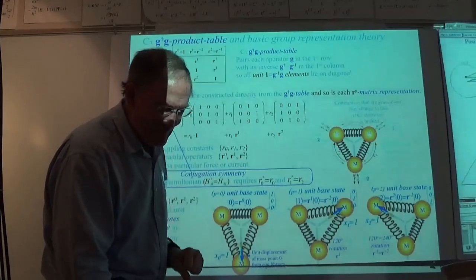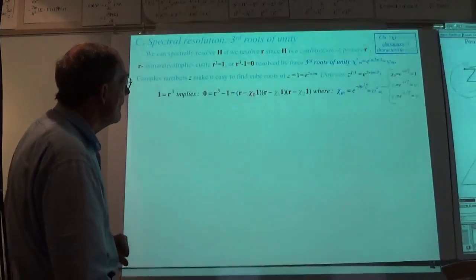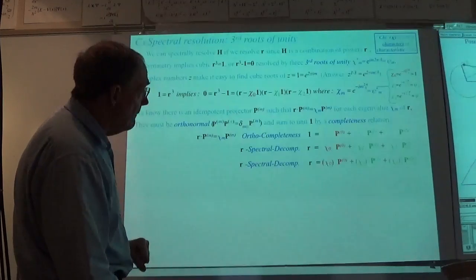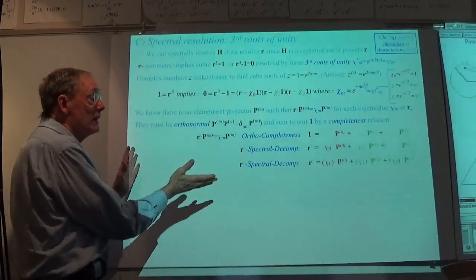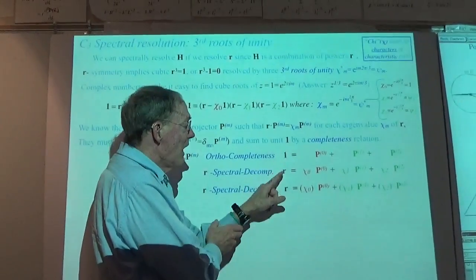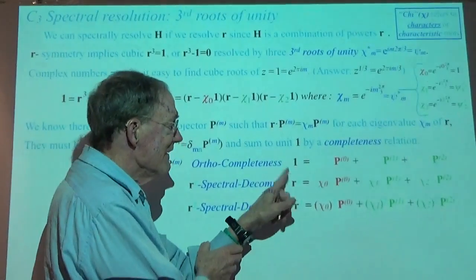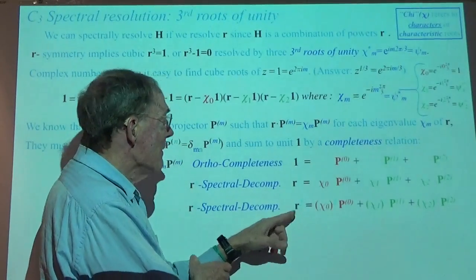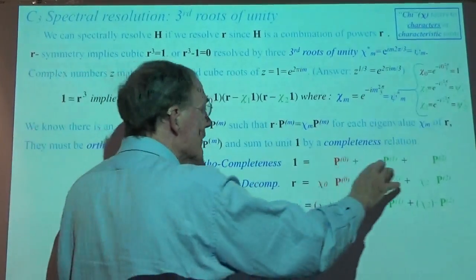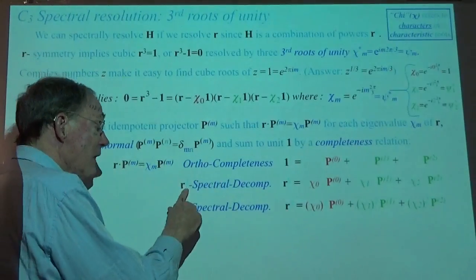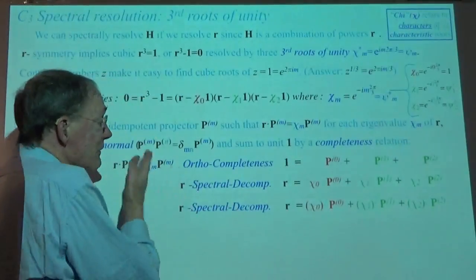Okay, so let's go back and see how this is going to look. Here's the way our elements, 1, r to the first power, and r to the second power are going to play out. First of all, completeness. You've got to have that. Then, we also have to have spectral decomposition of each of these elements.